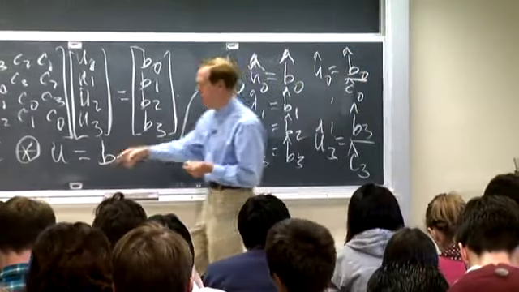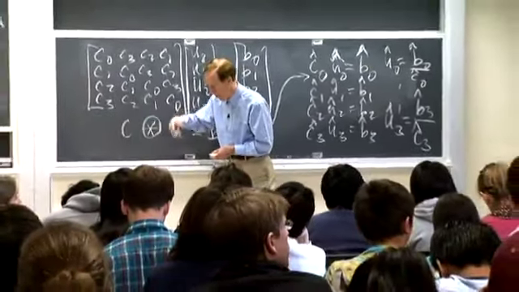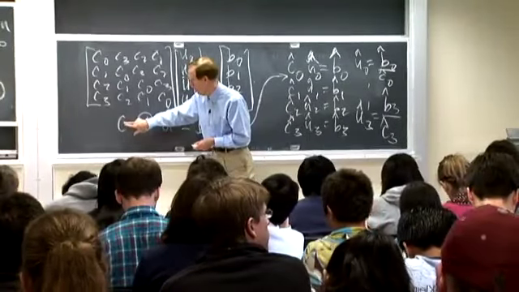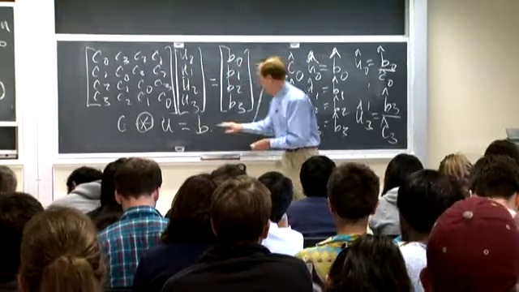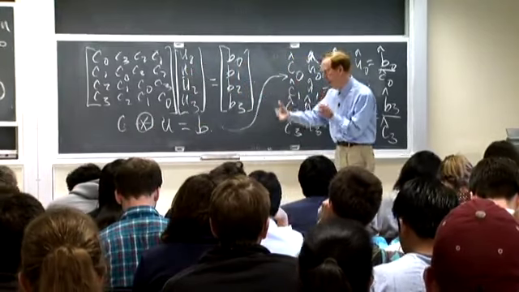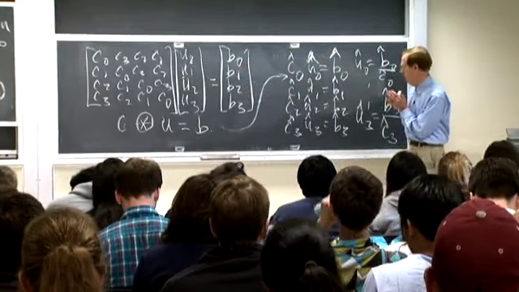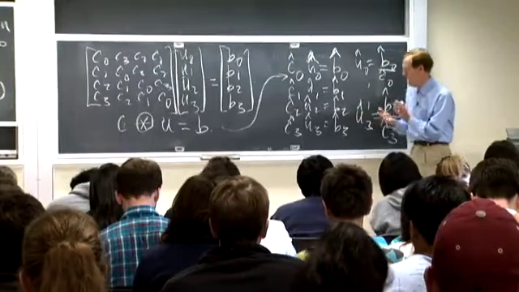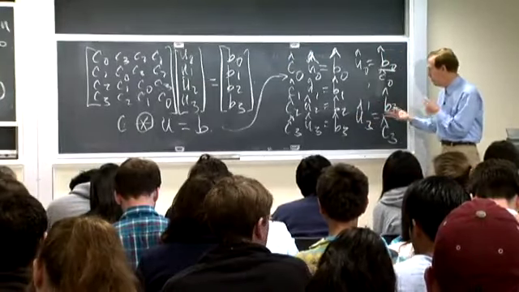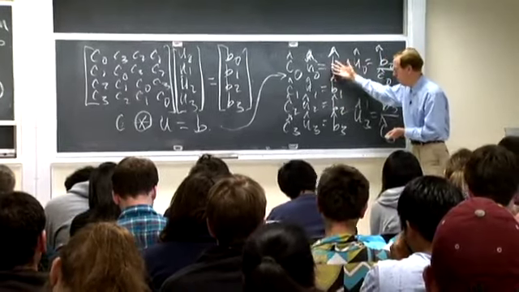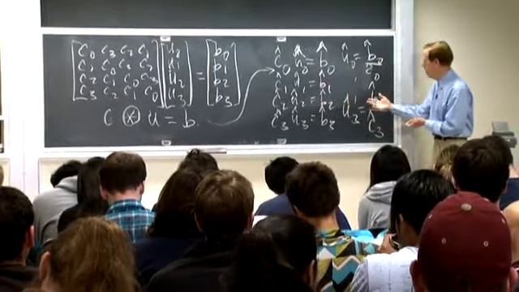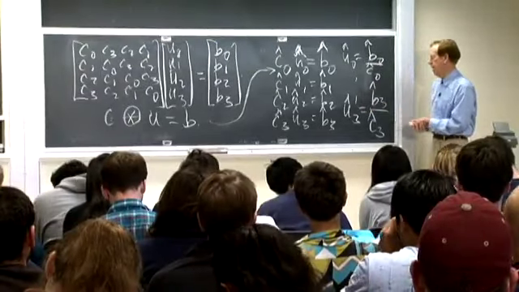I had to do the Fourier matrix or the inverse Fourier matrix to go from C to C hat, from B to B hat. So everything got Fourier transformed. But the object was to make the equation easy. And of course, now we've got 4 trivial equations that we just solved that way.